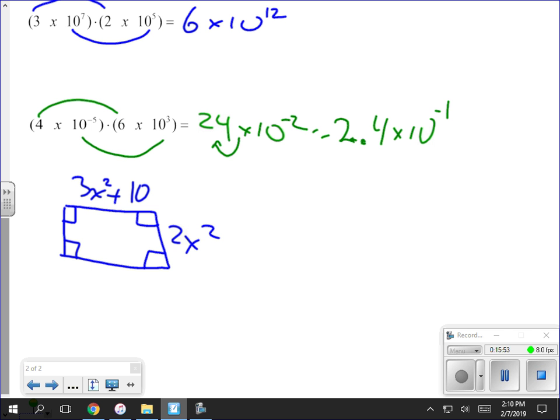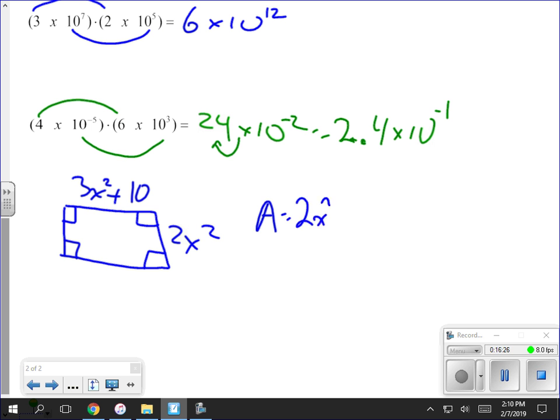On your homework, the worksheet I'm going to give you guys in just a few minutes, it has some problems on the back side where you're finding the area. Just find the area. And you have a triangle, which is 1/2 base times height. It has a parallelogram, and it gives you the things you need to multiply to do it. But if I want to find the area of this rectangle, here's what you do. The area of the rectangle is length times width.